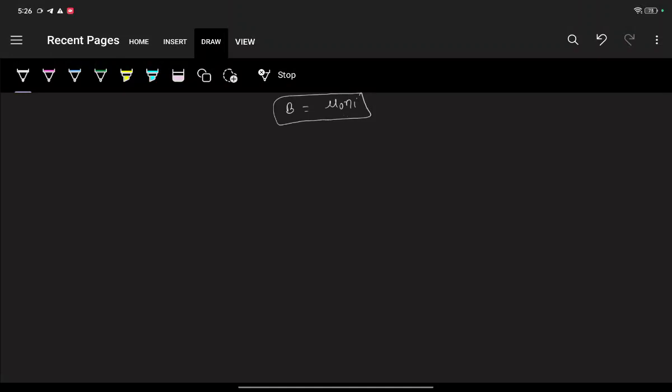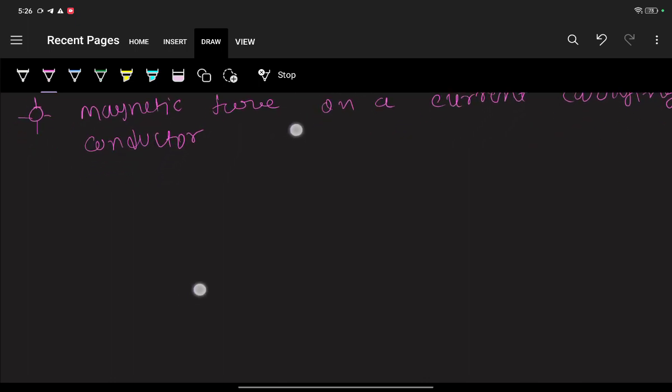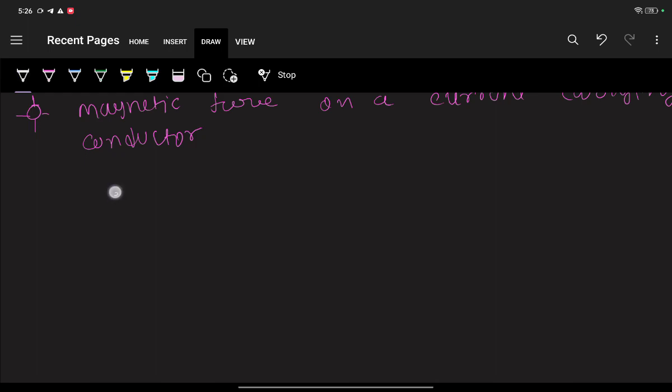Now let's talk about magnetic force on a current carrying conductor. Previously we have talked about how a force acts on a charged particle if it is moving with velocity v.